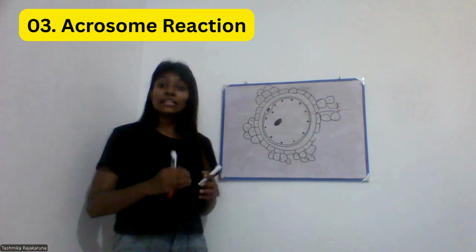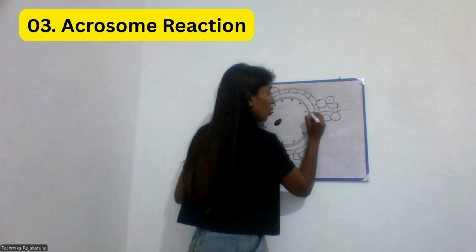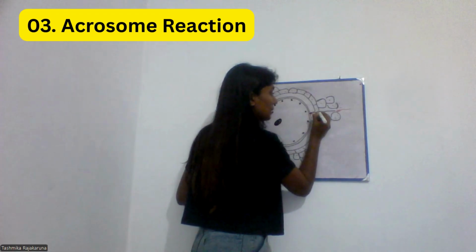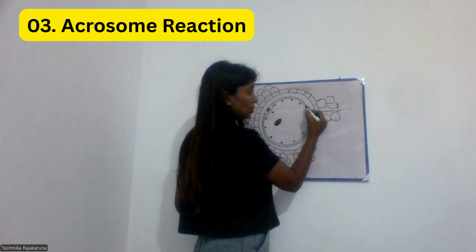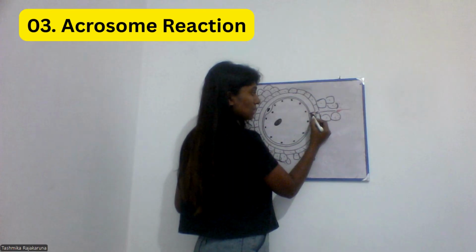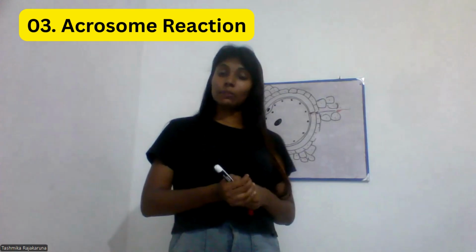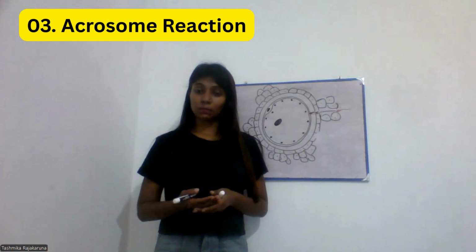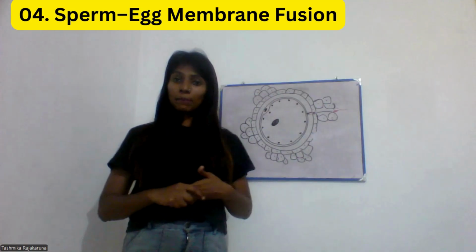Right? These allow the sperm head to make contact with the oocyte plasma membrane. So now here the sperm has come up to the oocyte plasma membrane and the sperm head has made contact with it. So that is what happened during the acrosome reaction. The sperm head binds to the receptors on the plasma membrane.